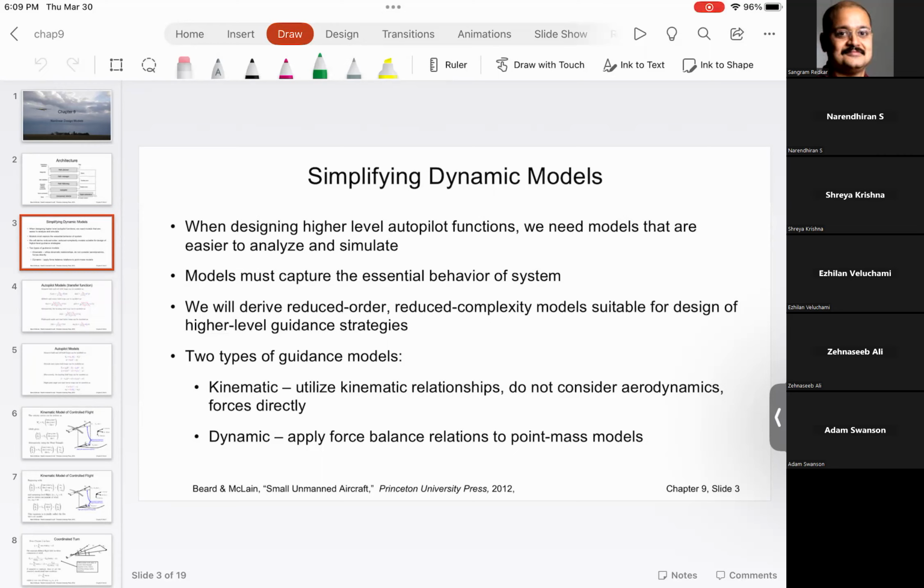So when we are trying to design an autopilot, clearly we can't use the 12 state equations that we studied earlier, because it may be easier to solve those 12 sets of nonlinear differential equations inside MATLAB or Python on a computer, but certainly it's not possible to solve or use those equations on an embedded processor like Arduino.